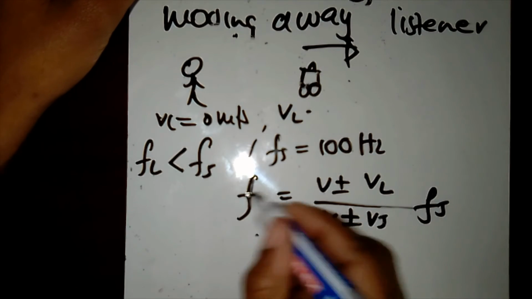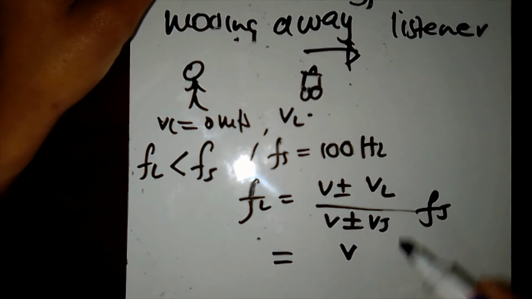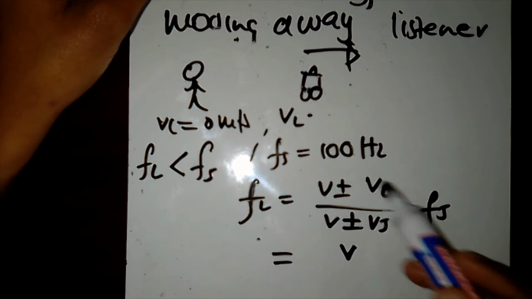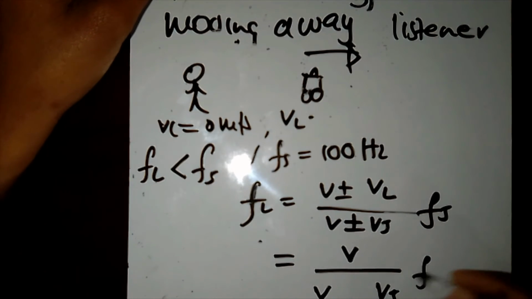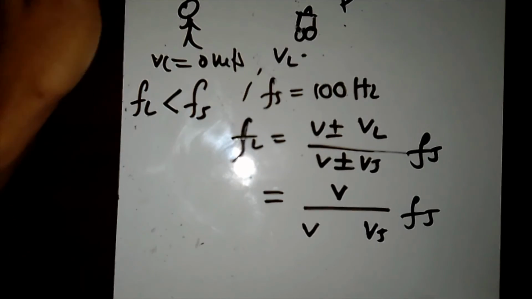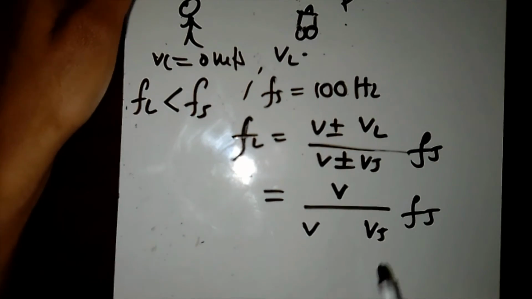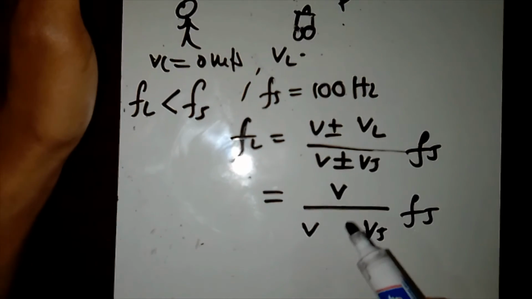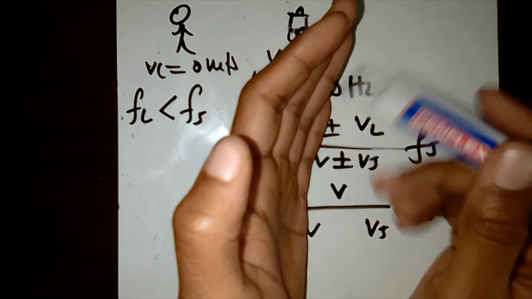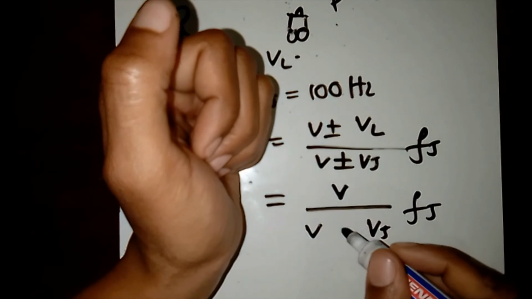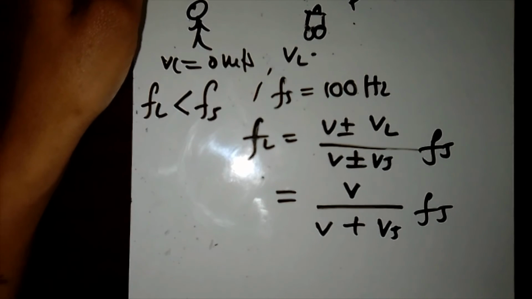We still start with your equation in full, and at the top you still have V because the speed of your listener is 0, and then you have V, VS, FS. Now for FL to be less, you have to divide by a bigger value. So the value at the denominator must be greater than the value of the numerator, and for that we'll have to add these two values together, and that will be the fourth instance.